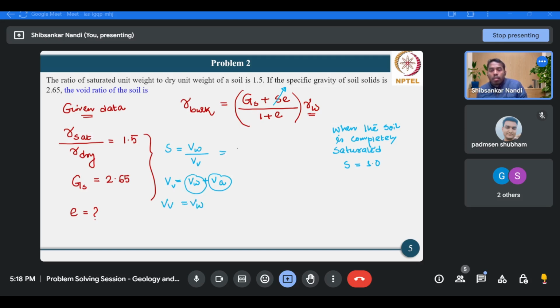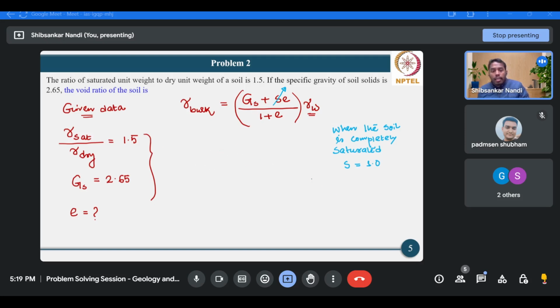So VW by VW, that means S will be 1. Are you getting my point? The physical significance of complete saturation is that all the pores are filled up by water only, so there is no air inside the soil mass. In this way the value of S becomes 1.